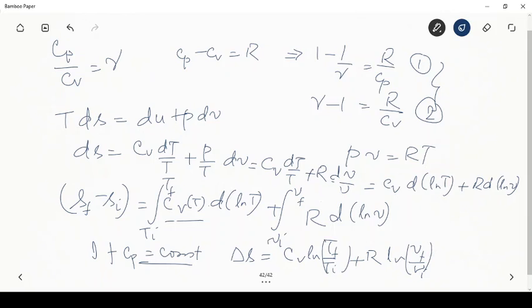So this is one expression for calculating the change in entropy.